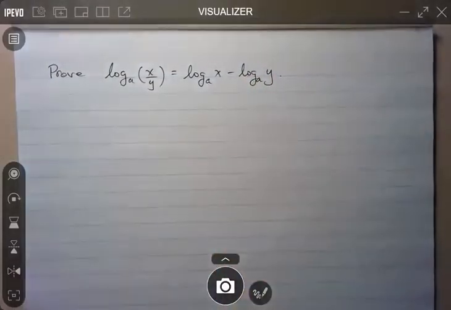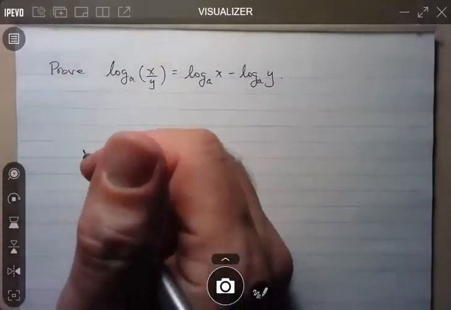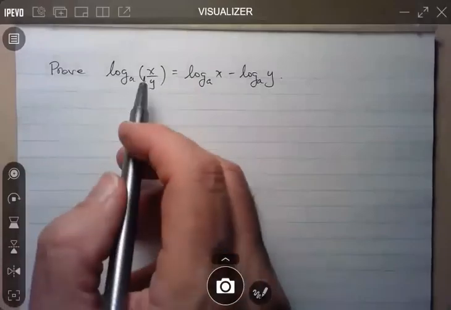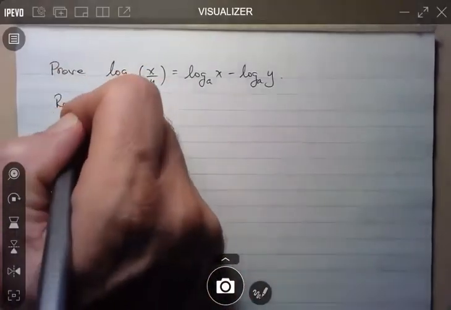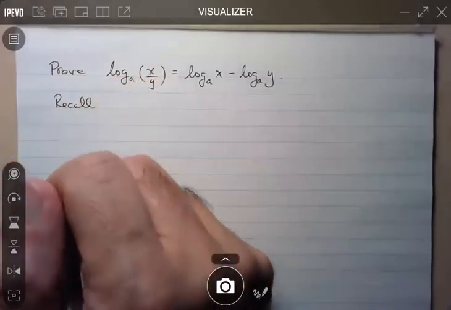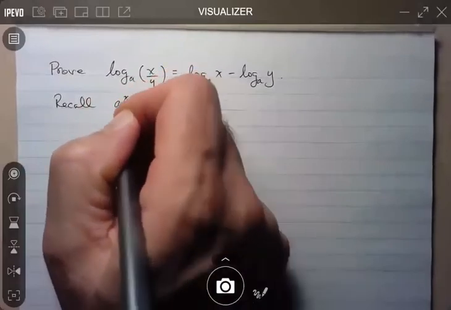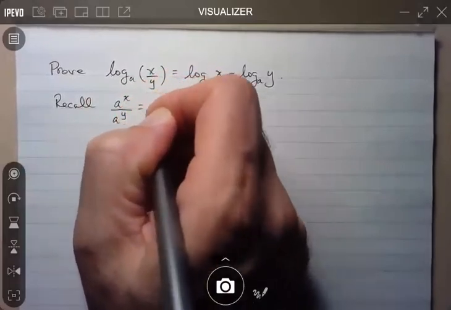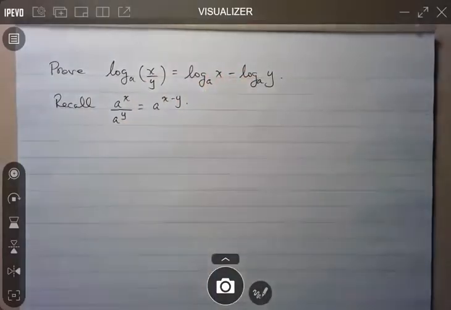But the idea is we said, if I were given this to prove, I would say, oh look, I've got a division, I've got a subtraction. That looks a lot like the second law of exponents, where you have a to the x divided by a to the y is equal to a to the x minus y. And this was our starting point.